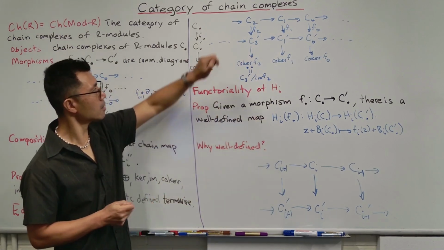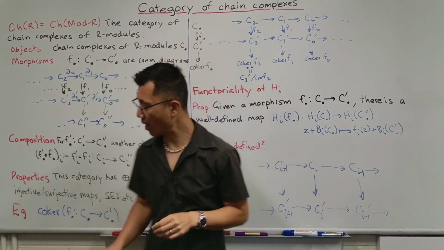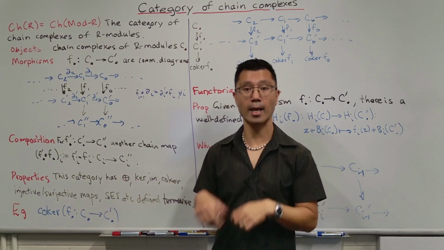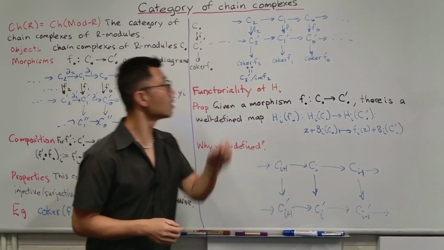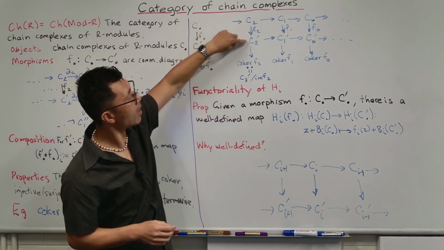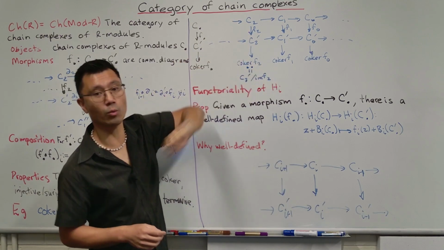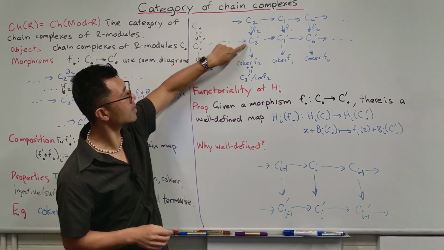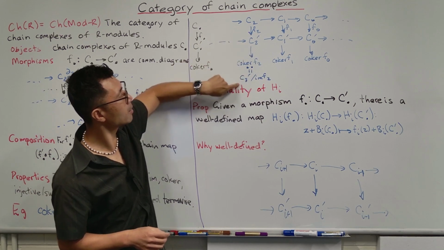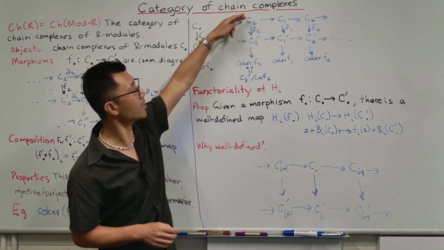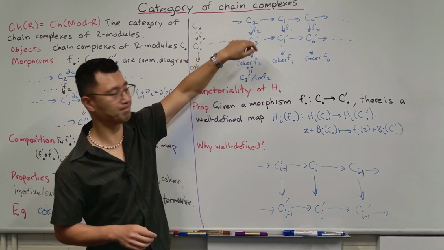So what I said here is that we have to look term-wise at all the cokernels. So here's a morphism in the category of R-modules, so we can look at the cokernel of F2, and just to remind you what that means, you take this codomain C2 prime and you mod out by the image of this map here.